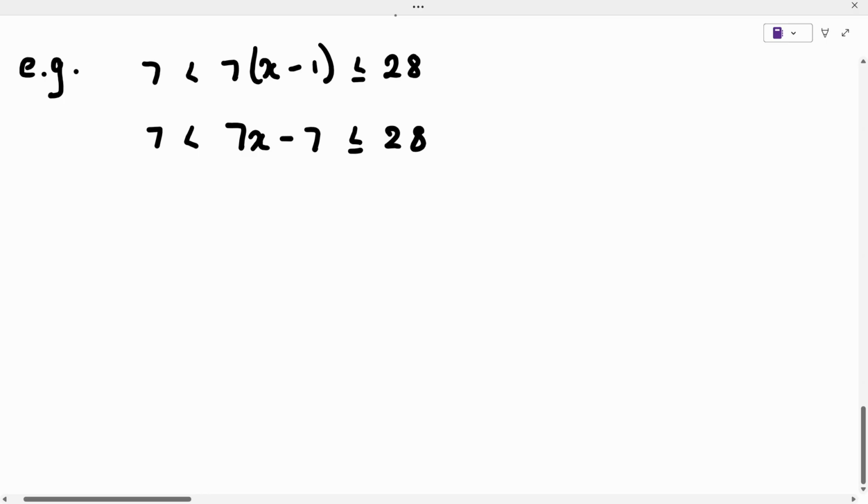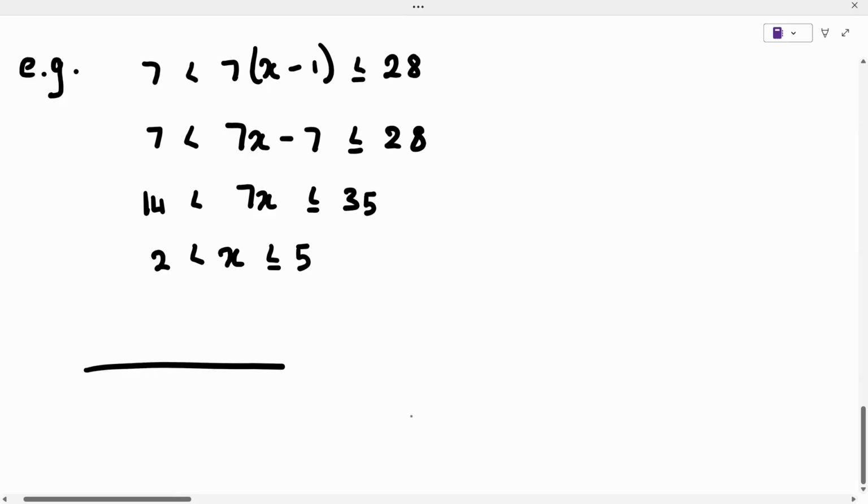So I could add 7 to all the sides of this thing here. So I could get 14 on this left side, 7x in the middle, and 35 on the right side. And then I could divide throughout by 7 to isolate. So I could get that x is more than 2, but less than or equal to 5, right?